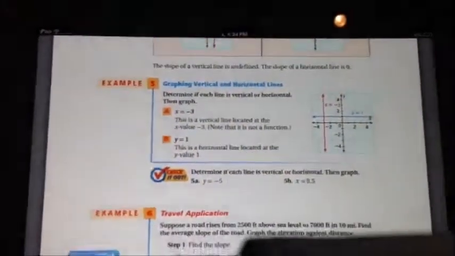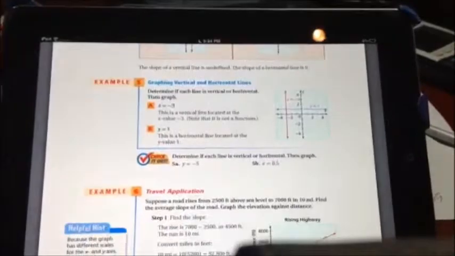Example 5. Graphing vertical and horizontal lines. In example 5, you need to know that when you have x, the line will always be vertical, and when you have y, the line will always be horizontal.